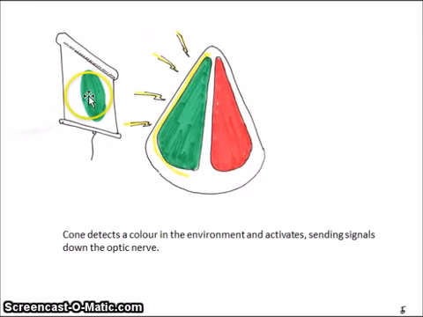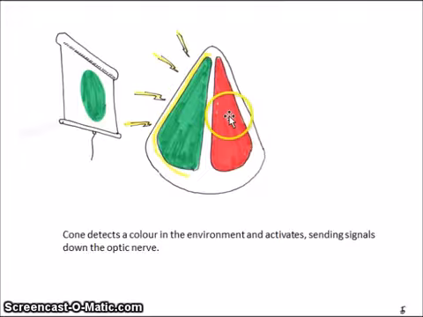So there's something in the environment that has green in it that fires the green side of the cone. That impulse goes down the optic nerve and registers in your brain, and you apparently see green. But notice that the other side is not really working.